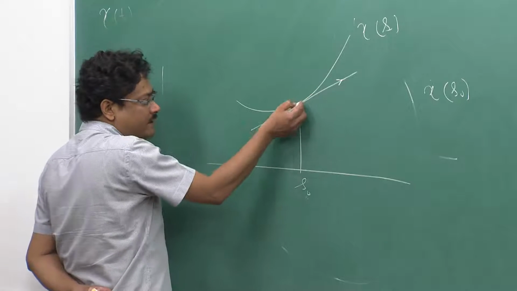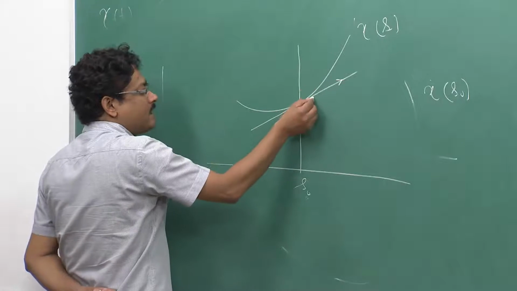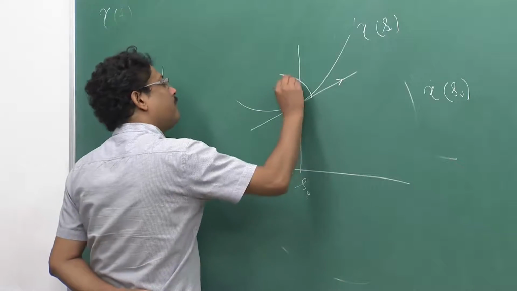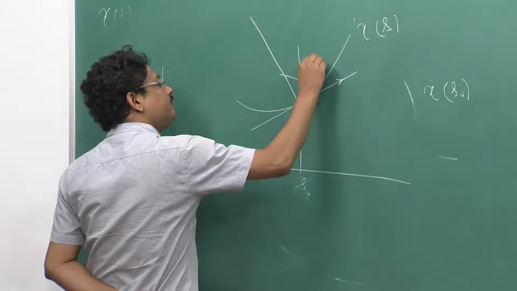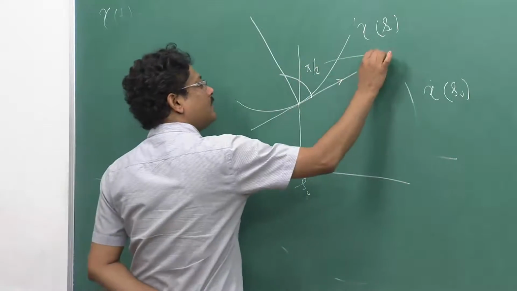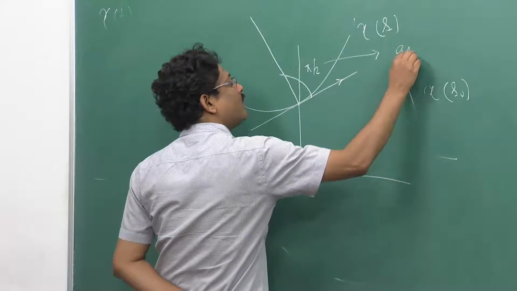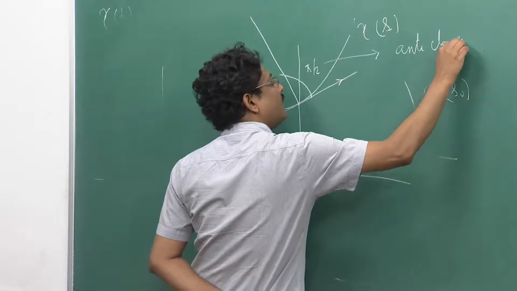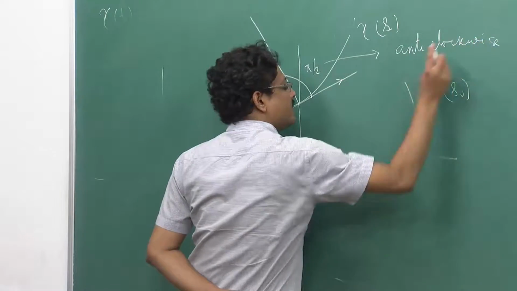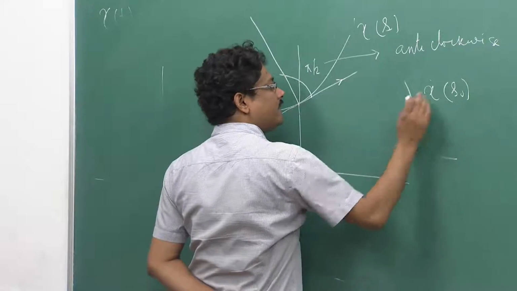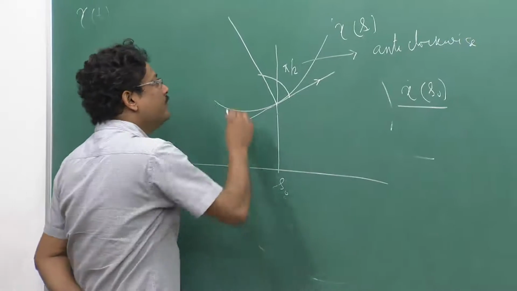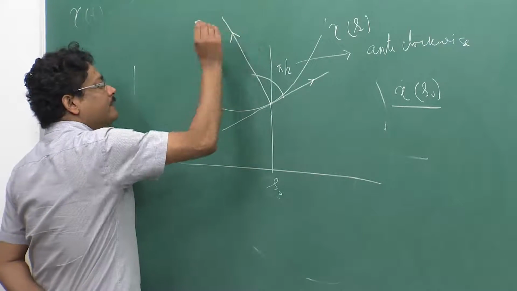If I rotate the tangent vector by angle pi by 2 anti-clockwise, then I get another vector.